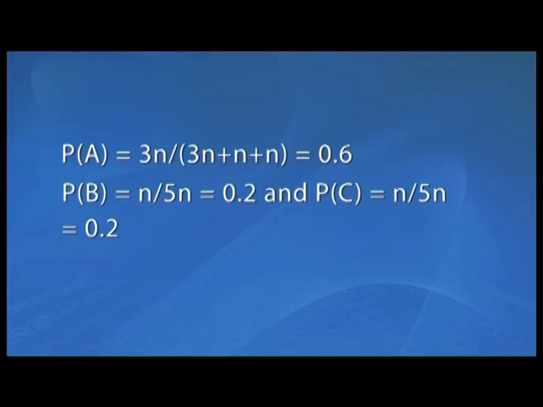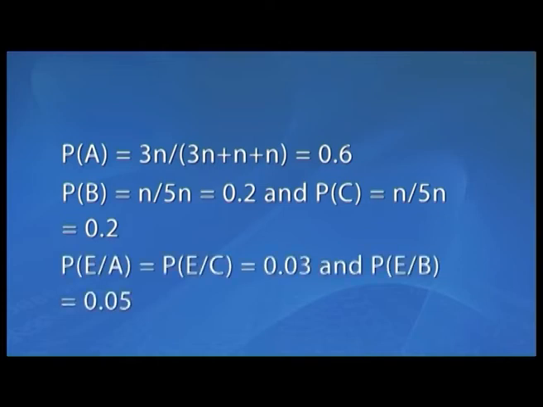P of B is equal to n by 5n is equal to 0.2, and P of C is equal to n by 5n is equal to 0.2. Also, it is given that P of E given A is equal to P of E given C is equal to 0.03, and P of E given B is equal to 0.05.